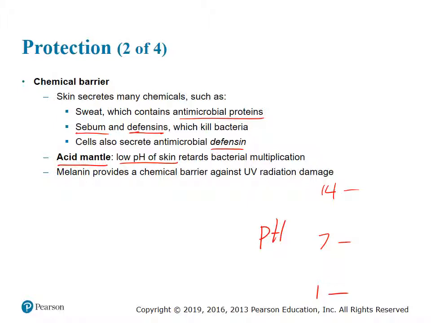I didn't draw it all, but we should go from 1 to 14, right? 14 being really basic or alkaline. Number 1 being the highest acid level, or 0 actually, but really strong acid level. Well, they're talking about low pH, so they're talking about a low pH number. So it means it's acidic. The skin is acidic. Does that make sense? Low pH number, more acidic.